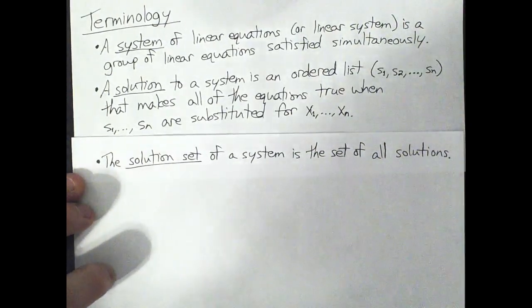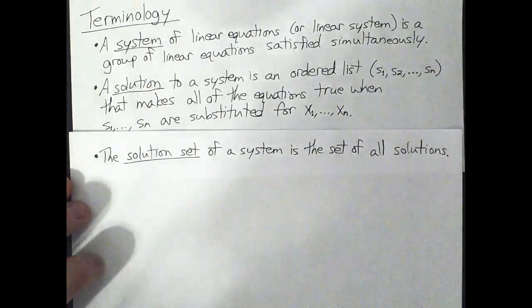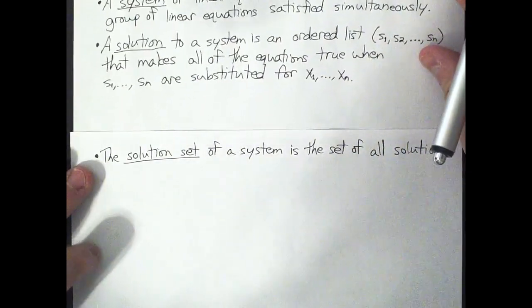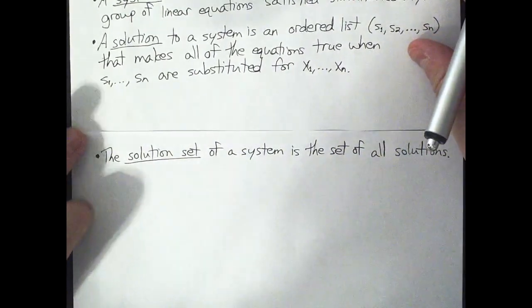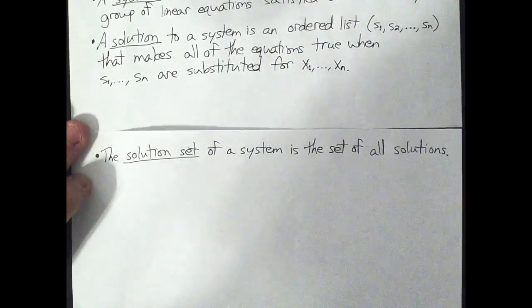How about that? The solution set is the set of all solutions, because we didn't say that there has to just be one solution. Maybe there's more than one. We'll be talking about that soon. Maybe there's one solution. Maybe there's more. Maybe there's none. Maybe there's a problem where there's no solutions. We'll see.